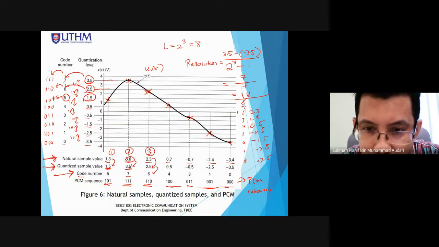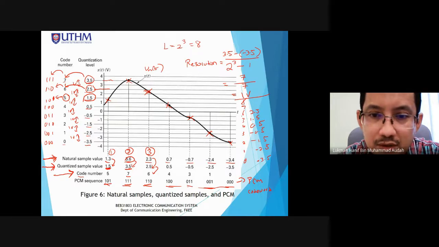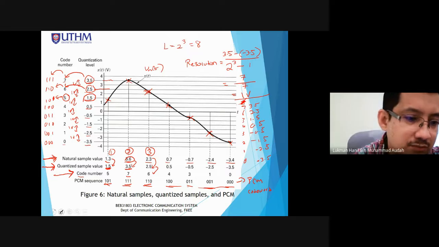Saya silap buat ke apa ni? Minus 3.5, minus 2.5, minus 1.5, minus 0.5, 0.5, 1.5, 2.5, 3.5. So ada 8 level.